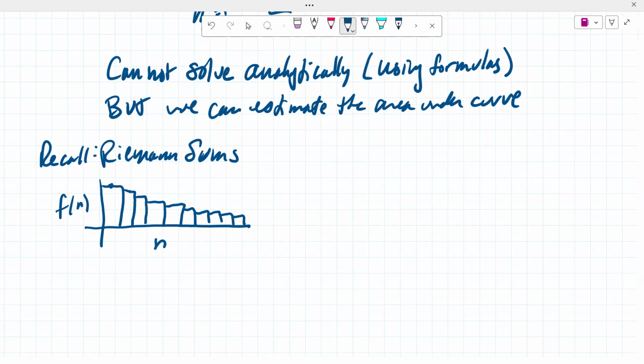And then you would get some points in here, like so, and then you would go like that. The sum as n approaches infinity is approximately equal to the area of the rectangles.